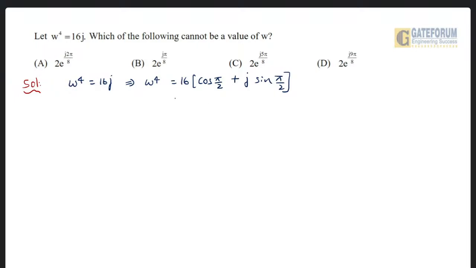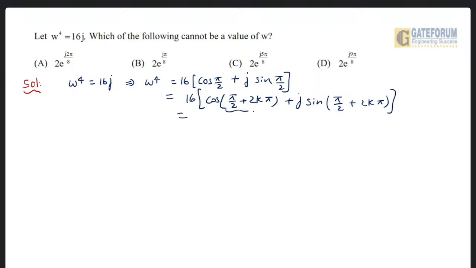Next step, adding 2k pi: cos of (pi by 2 plus 2k pi) plus j sin of (pi by 2 plus 2k pi). We know that cos theta plus j sin theta is e power j theta. That is Euler's representation.